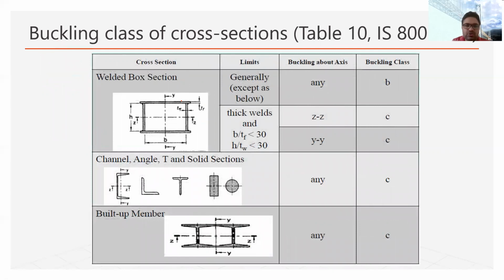Similarly, if we make a welded box section with plates, how do we define which buckling class it is?